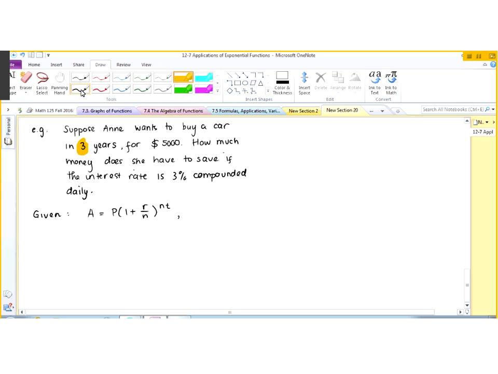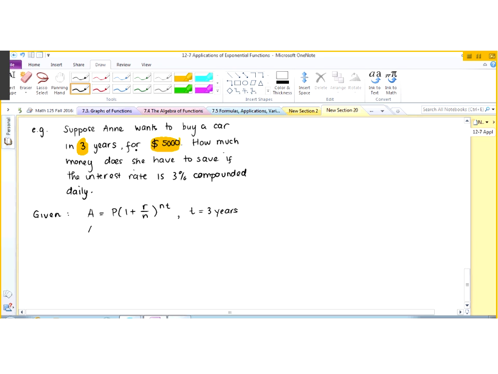3 years. What is this 3? T is 3 years. 5,000. What is this 5,000? A or P? Well, is this the future value or the present value?